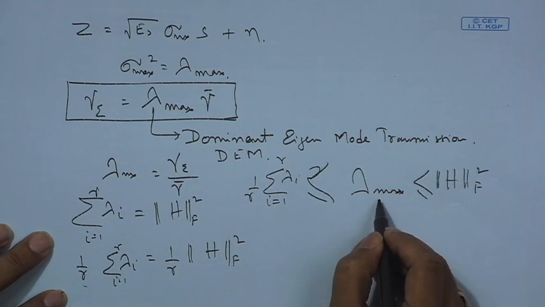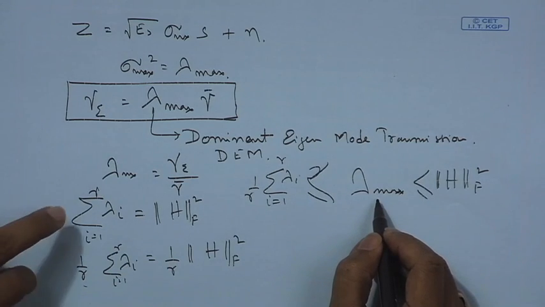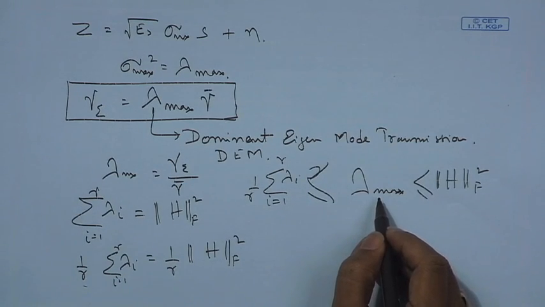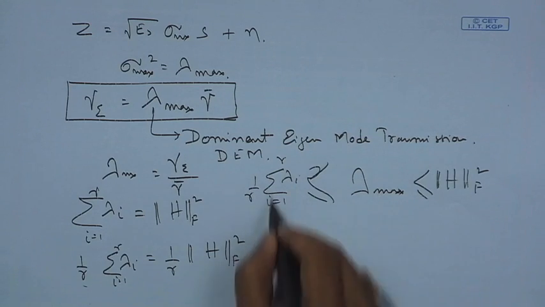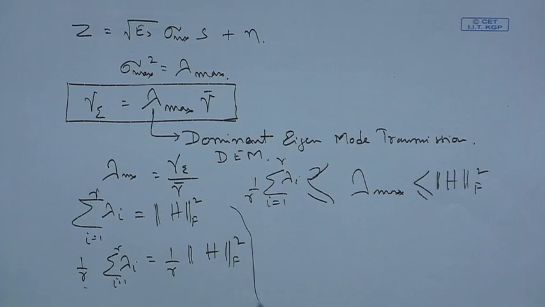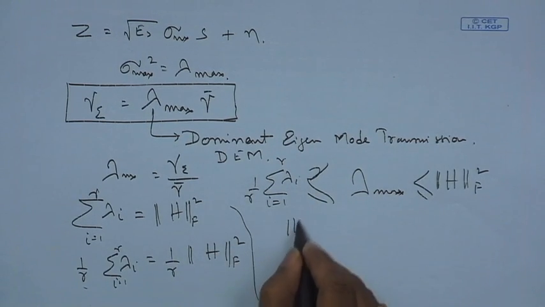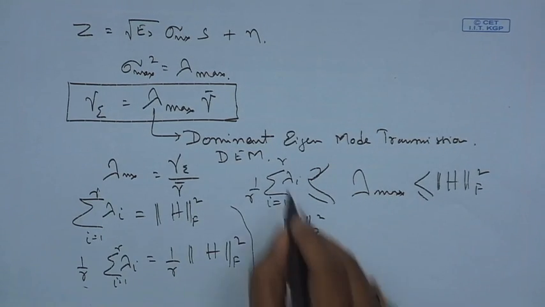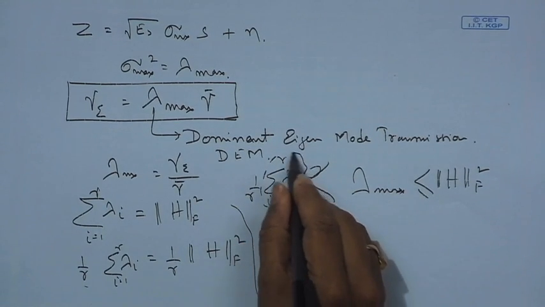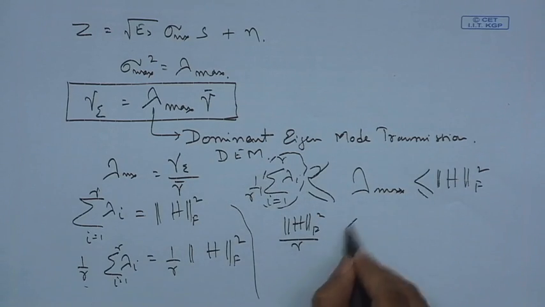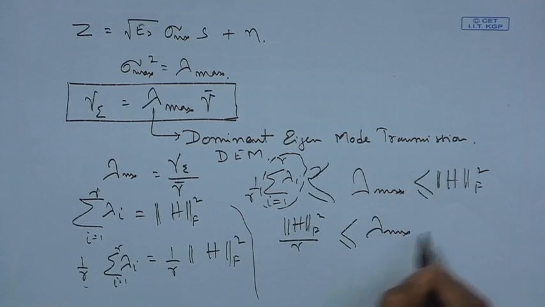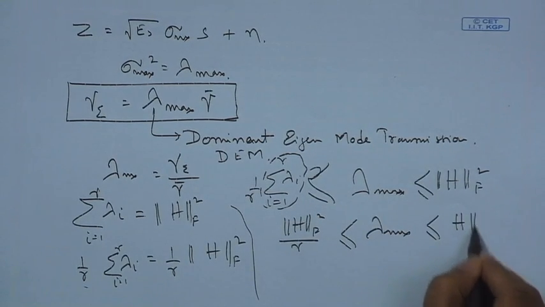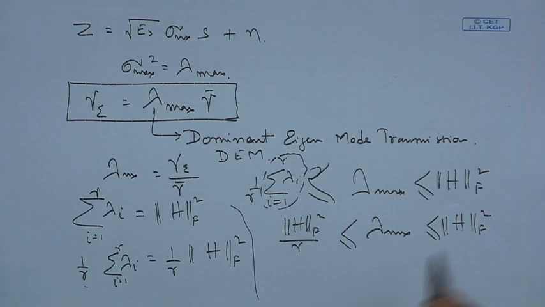If this is the range of lambda max, we could say that the average error, so basically we would take one more step. This is equal to the Frobenius norm of H squared by r, because this whole thing is equal to the Frobenius norm of H squared. We have already seen that. So basically lambda max lies between the Frobenius norm of H squared and the Frobenius norm of H squared by r.